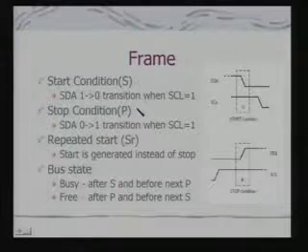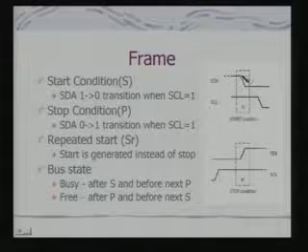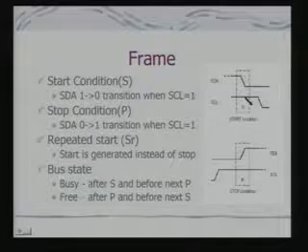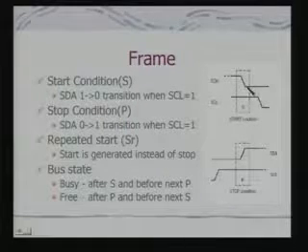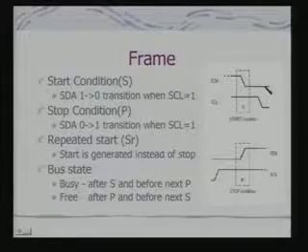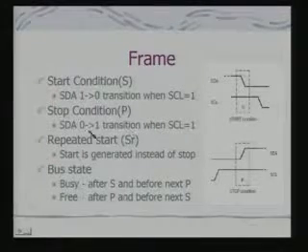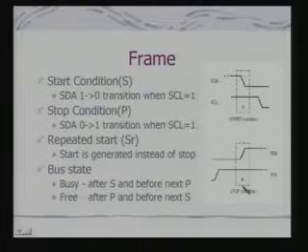Now, when the transmission is to take place, there has to be a start condition and a stop condition. Start condition is when the SDA line makes a transition from high to low when SCL is high. So, when the clock is high and SDA is making a transition, it means there is a start of a frame, that is a frame of data that is being transferred. The stop condition occurs when there is a transition from 0 to 1 when SCL is high.